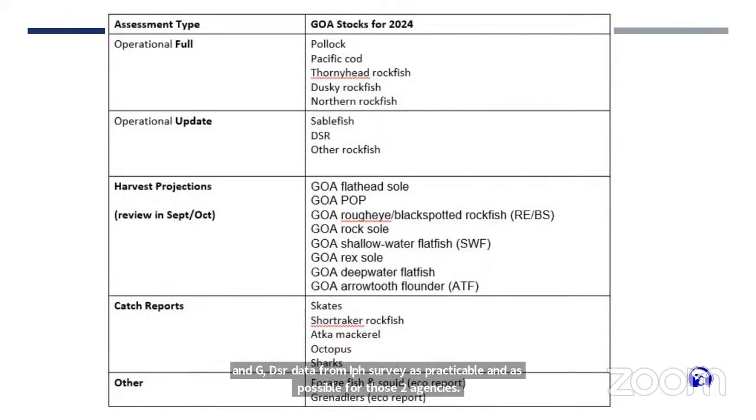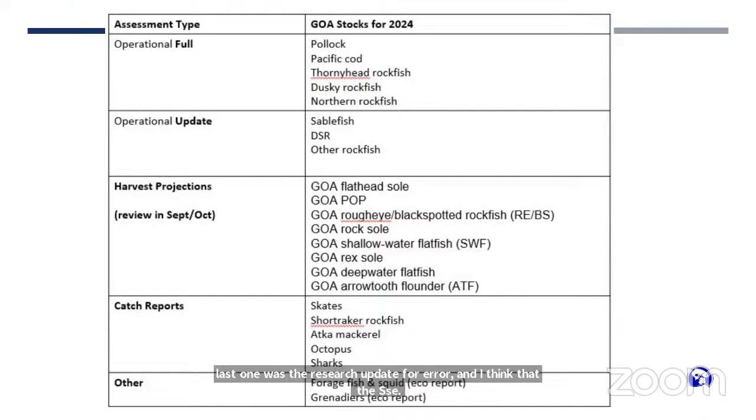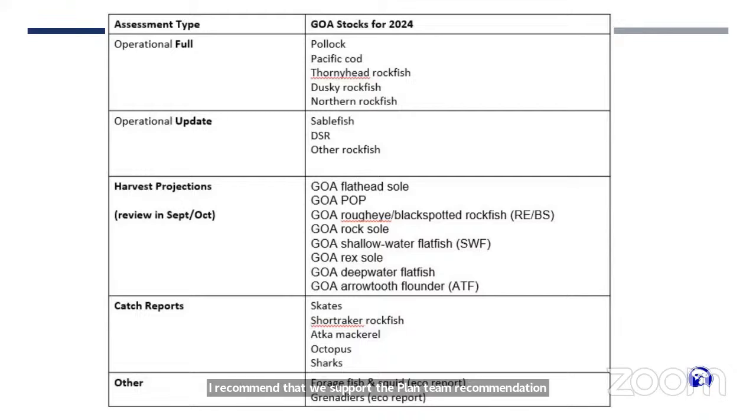The last one was the research update for arrowtooth flounder, and I recommend that the SSC support the plan team recommendation that the TMB version of this single species model be used in 2025.